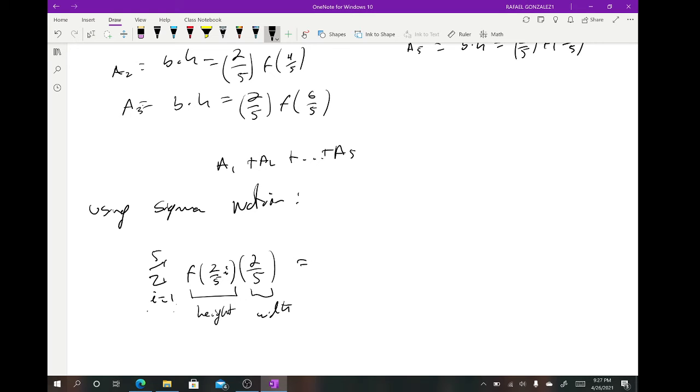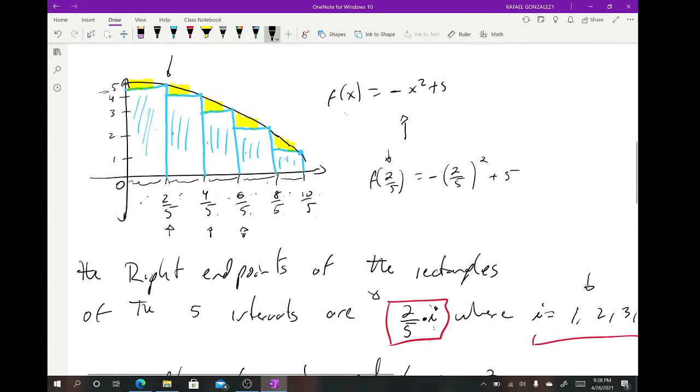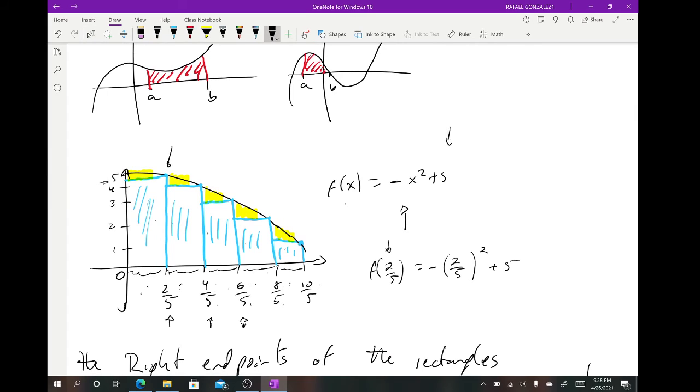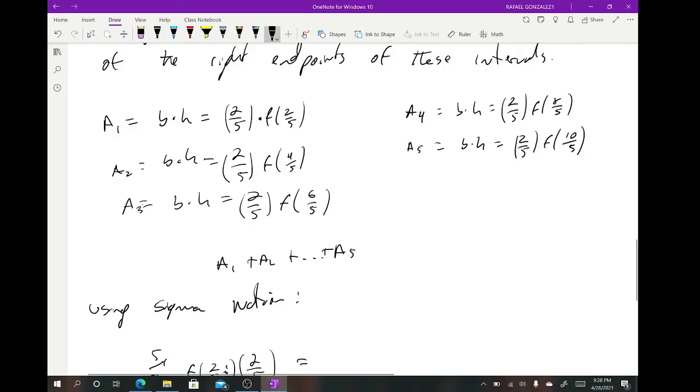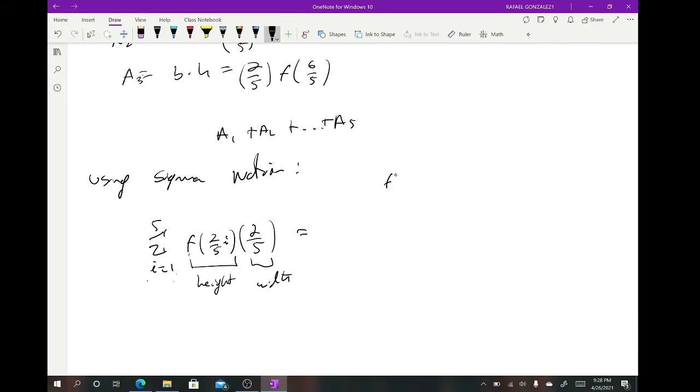But notice that this is equal to, again, what is f? If we go back to the beginning of the problem, f is negative x squared plus 5. So f of x is equal to negative x squared plus 5.